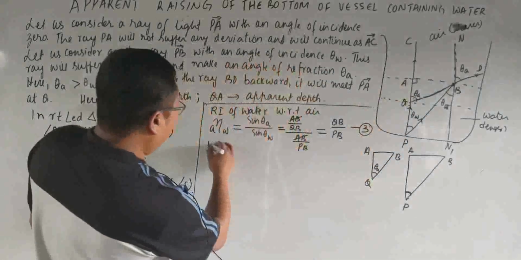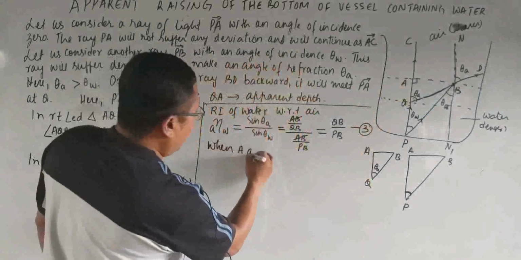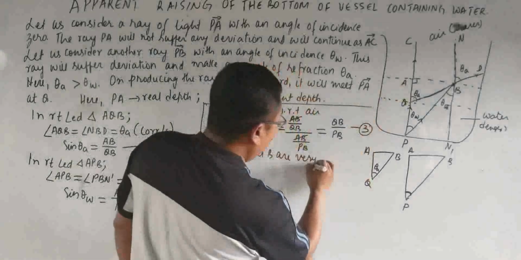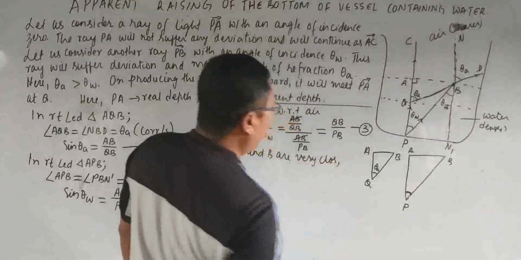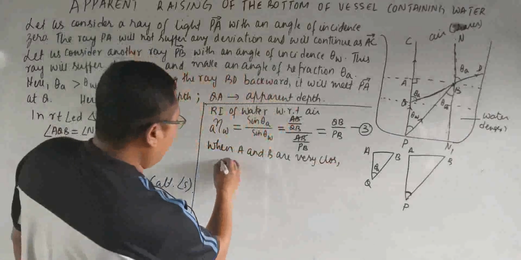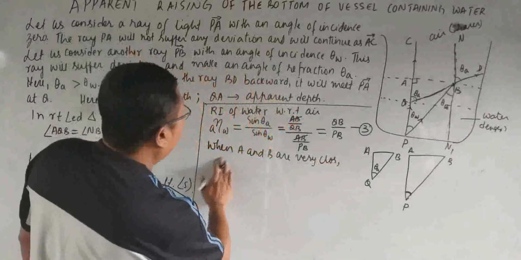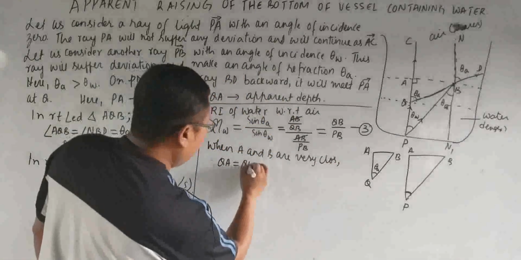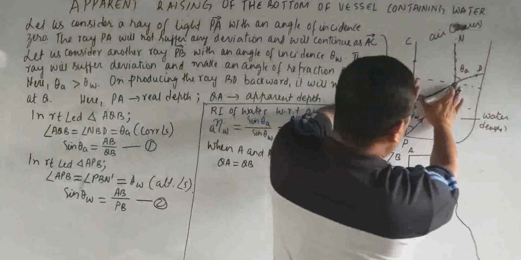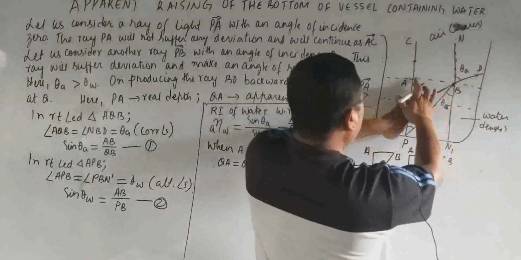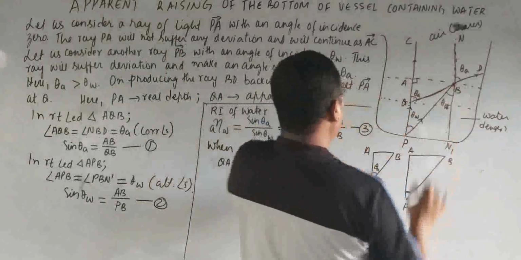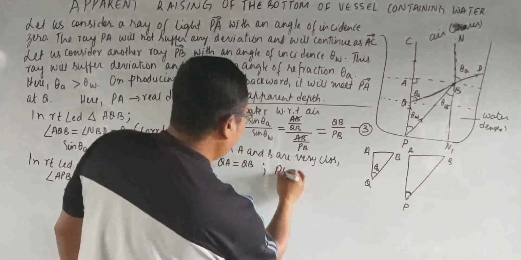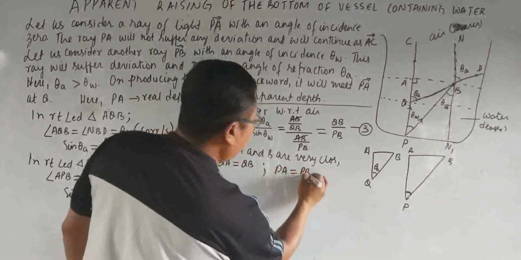So when A and B are very close, you can assume that QA is equal to QB, because if this comes closer, this will become straight, so QA will be equal to QB. And similarly, PA will be equal to PB.